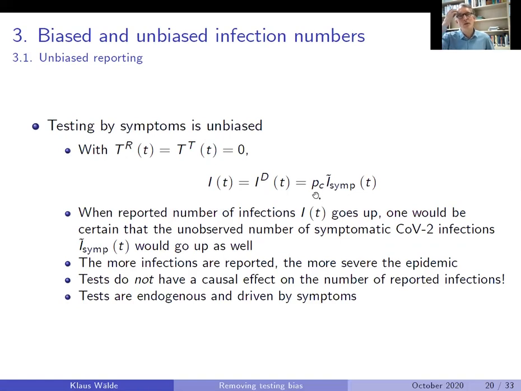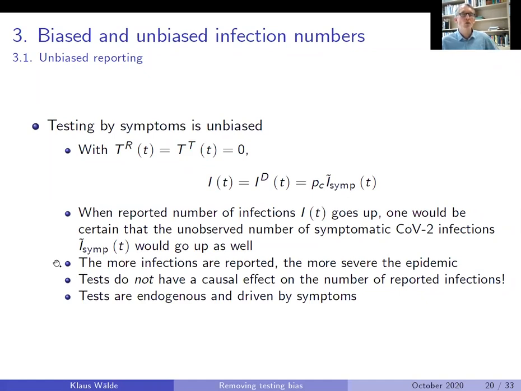So let's assume the probability that a doctor takes a test of an individual that has symptoms is constant. Then if the number of reported infections goes up, we know that the unobserved number of individuals that are symptomatic and infected with CoV-2 also goes up. So we have a good measure, a good estimator, unbiased estimator, maybe even from a statistical perspective.